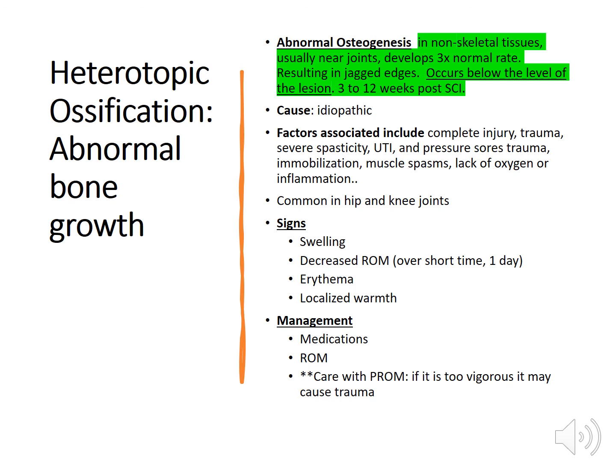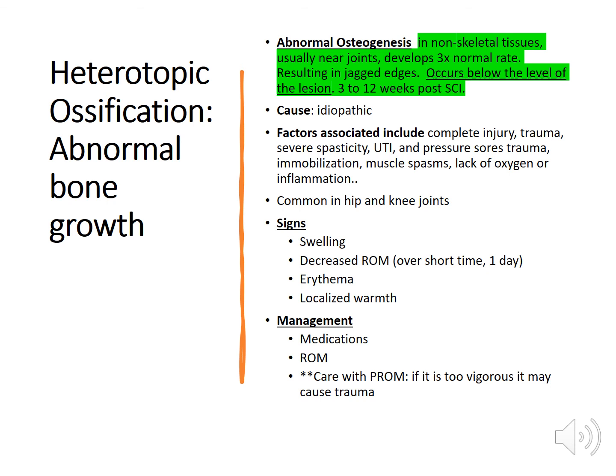So in order to manage this abnormal osteogenesis, it may be treated with medications. It may be treated with anti-inflammatories that have been used in preventing the formation of heterotopic ossification.